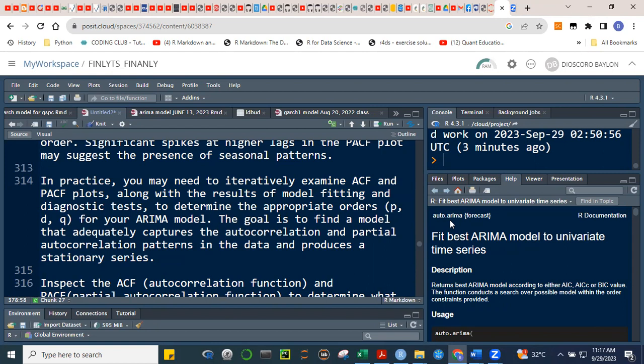Because the plotting of the ACF and the PACF is primarily used to determine the order of the AR or the order of the MA or order of the ARMA process. So it's used to identify the ARMA model that we're going to use.